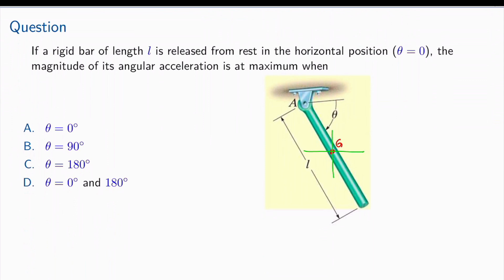We have the angle theta in between these two. If we draw a perpendicular to the bar, this section over here is 90 minus theta, and this is theta again. So this is the angle theta.